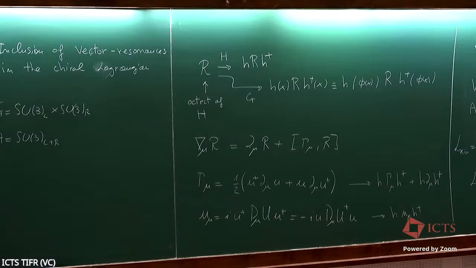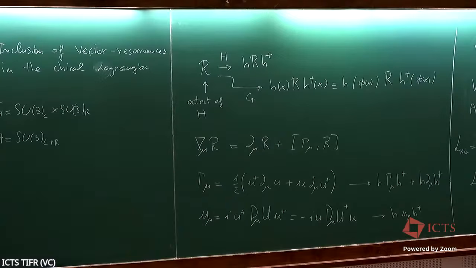This is a free parameter. In the limit of no SU3 breaking, this is just a constant. I could even put SU3 breaking in if I want, but it's a free parameter. So, good question, how many free parameters do we have?